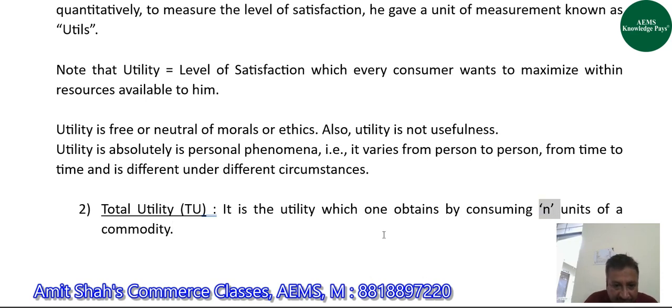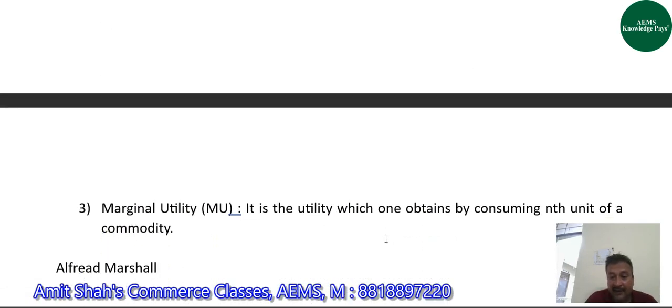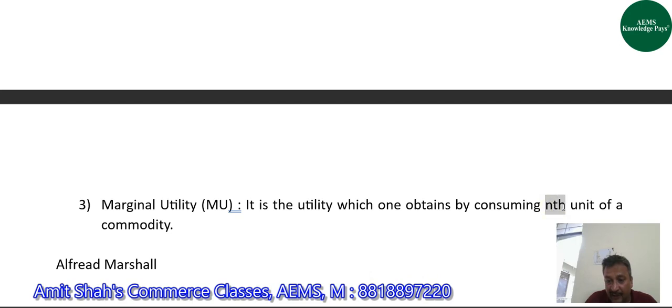Let's say by consuming 3 chapatis, how much utility I have got, that is my TU. And by consuming the third chapati, how much satisfaction I got, that is my MU. Have you understood the difference, guys, or not? Three chapatis is total utility, third chapati is marginal utility.